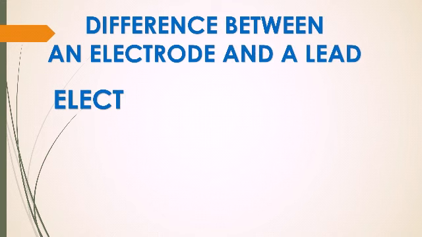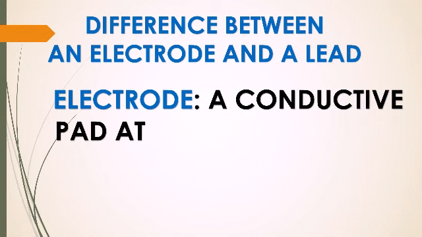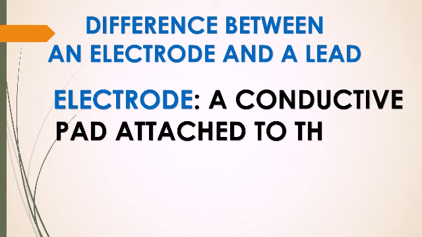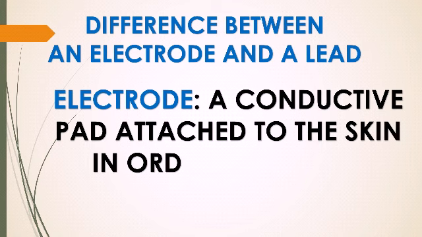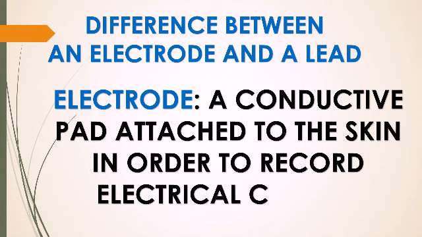Now let's see. An electrode is a conductive part attached to the skin in order to record electrical current. That is what an electrode is.